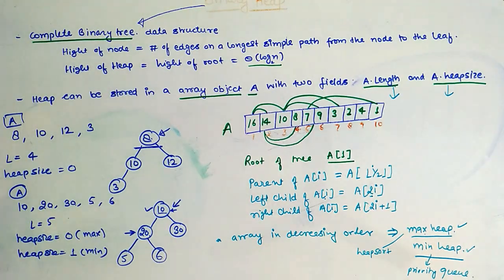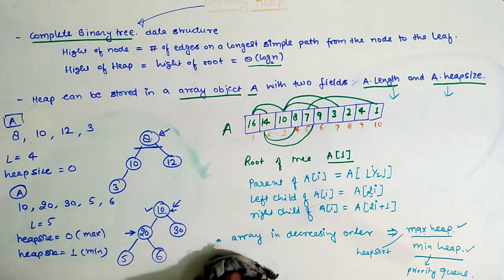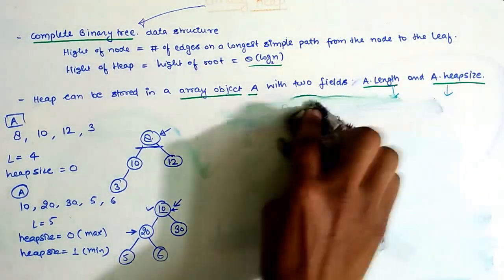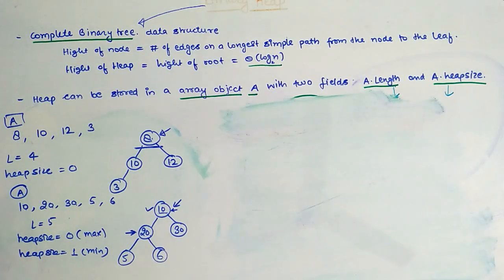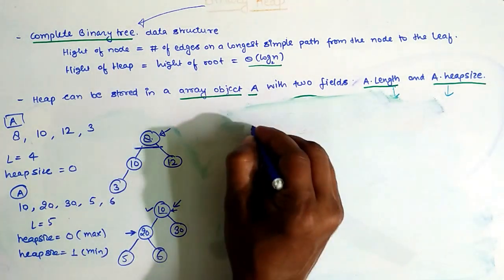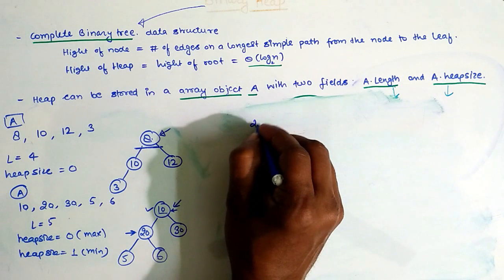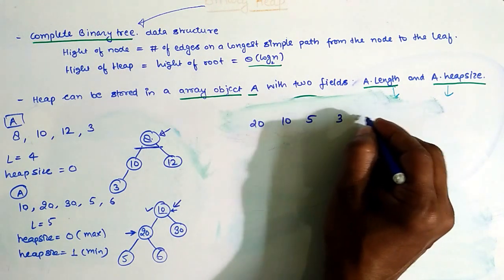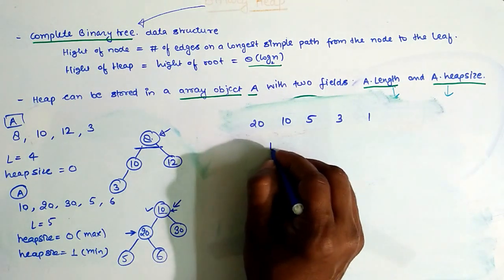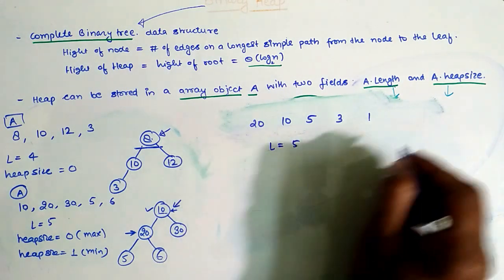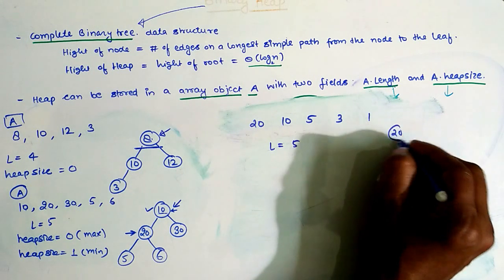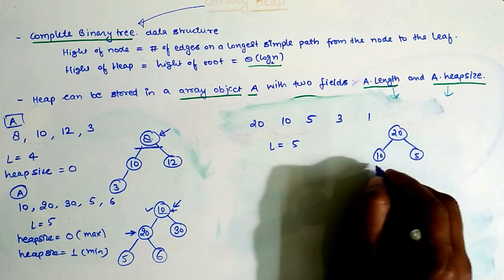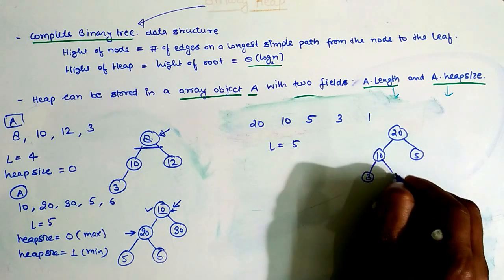Okay, let's take another example. Suppose a tree is given as 20, 10, 5, 3, 1. The length of the tree is 5, and for the heap size, let's draw the tree: 20, then 10, 5, 3 and 1.